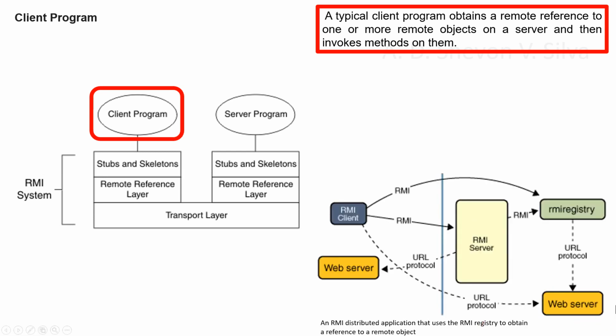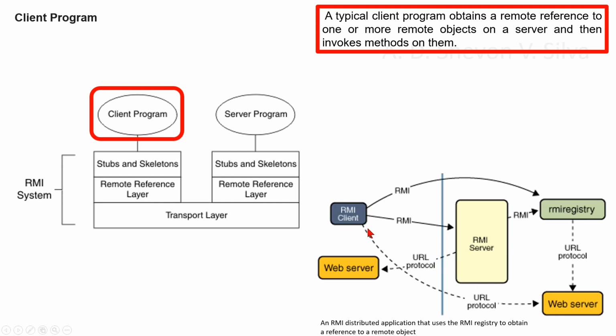Here you can see an RMI distributed application that uses the RMI registry to obtain a reference to a remote object. RMI applications often comprise two separate programs, a server and a client. A typical server program creates some remote objects, makes references to these objects accessible, and waits for clients to invoke methods on these objects.